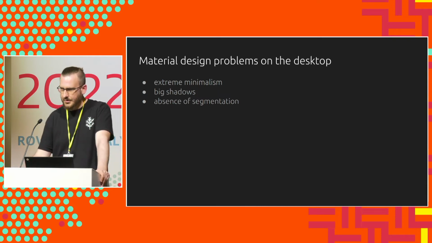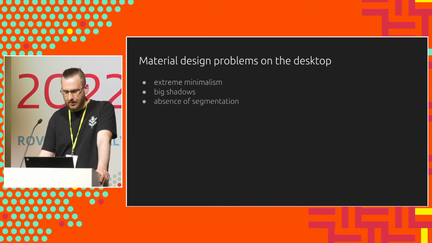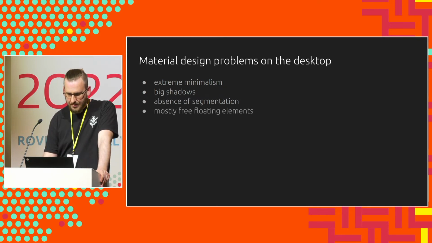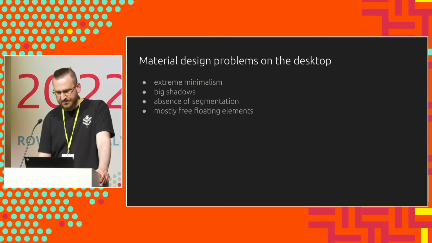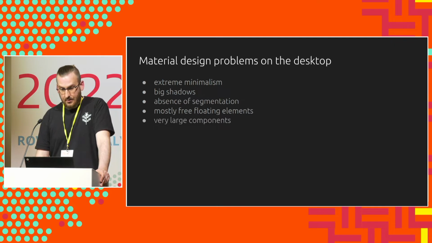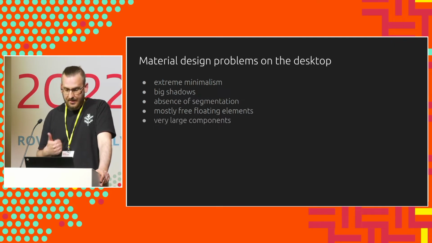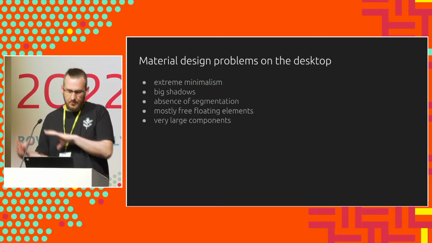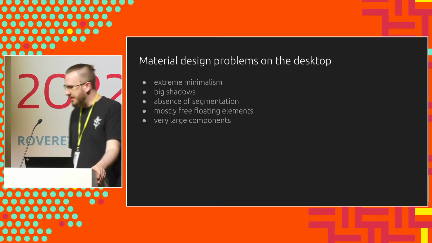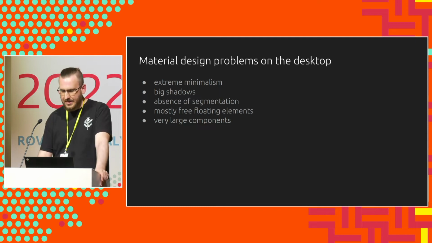There's not much segmentation of UI elements in the material design language, and you have lots of free-floating elements and really large components. Back to the thumb, it's really large. If you just move it from the smartphone to your desktop, it can really look out of place.